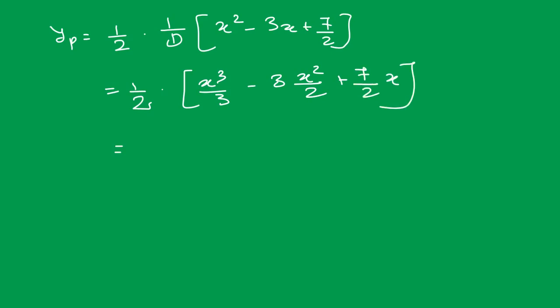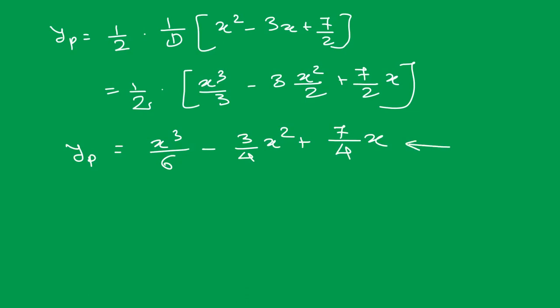Don't take a constant term here, because the constant term we will get in yc. So whenever we are integrating while finding a particular integral, don't include any constant of integration. So this is x cubed by 6 minus 3 by 4 x square plus 7 by 4 x. So this is what yp is. This is how we can find yp for a polynomial function.